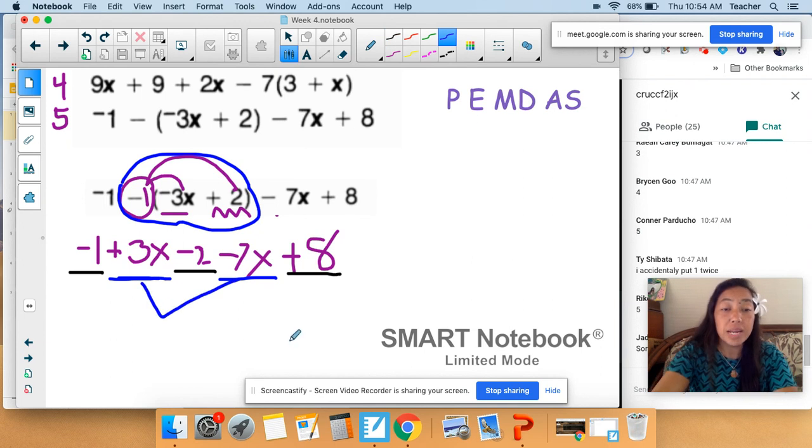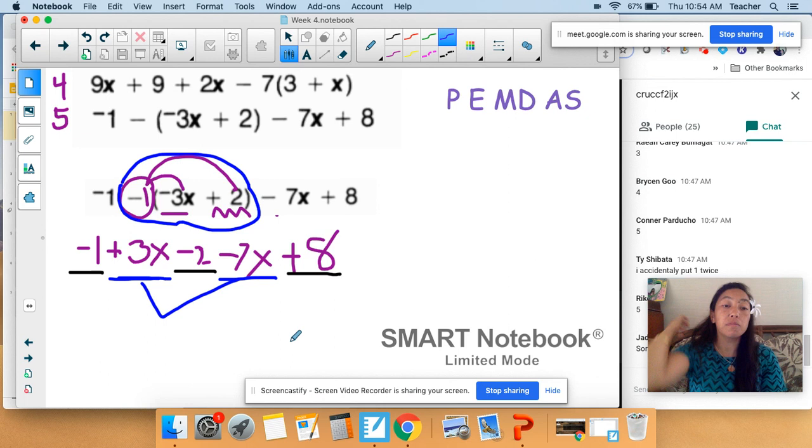3x minus 7x, think of it as adding different signs. One is a positive 3x, the other is a minus 7x. They are different signs, and we're going to add them together. Same signs, add and keep. These are different signs, so different signs we subtract.